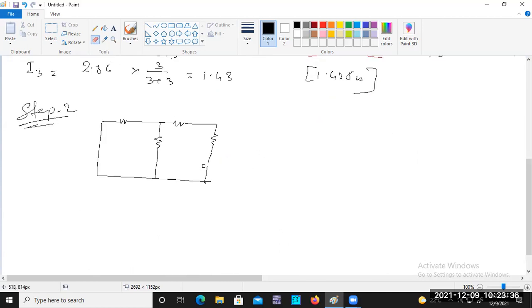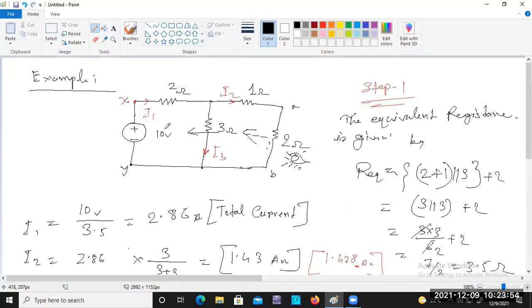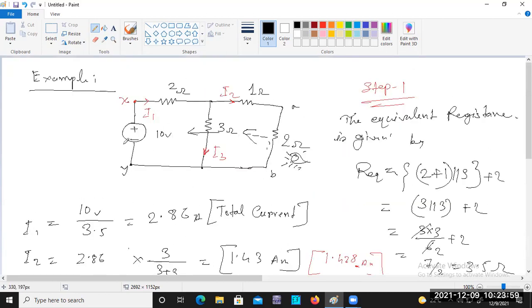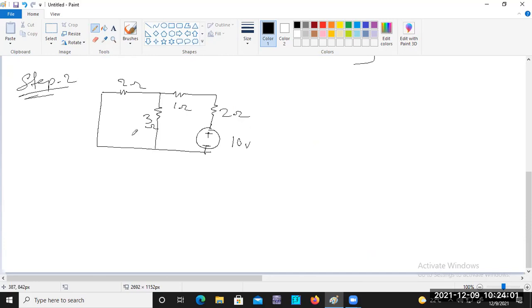So we put the voltage source over here. It is identical, 10 volt. Others are the same: 2 ohm, 1 ohm, 3 ohm, 2 ohm. This circuit and that circuit have identical resistances, but the voltage source interchanges position. We have to examine whether the current in this branch is just like before or not.